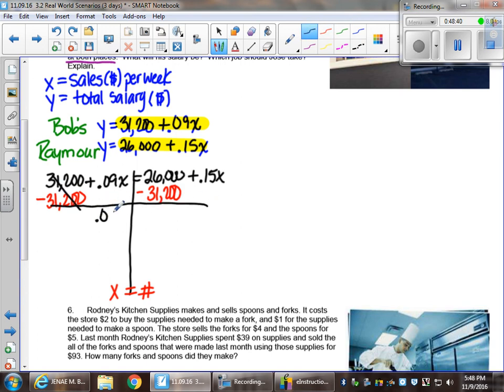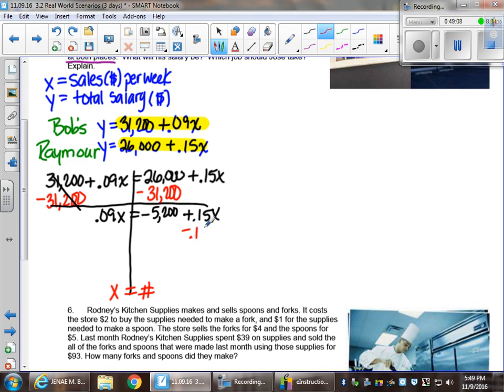I get 0.09x equals, in your calculators, we need to do 26,000 minus 31,200. What did you get? I got negative 5,200. And then that plus 0.15x is still here. On this side, I only want numbers, so this 0.15x can't stay.